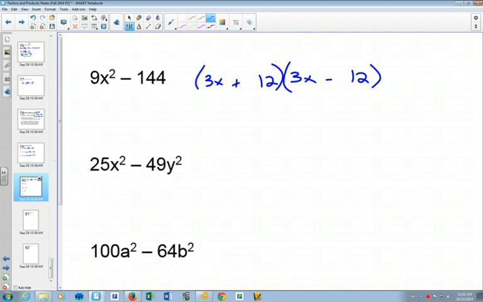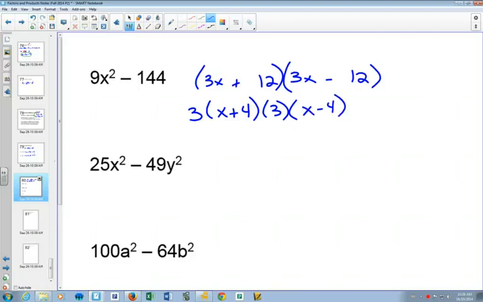What could you pull out? A 3. That's 3 times x plus 4. The other one I can pull a 3 out as well, leaving me with x minus 4. And if I put those two 3's together, that's the same as 9 times x plus 4, x minus 4.